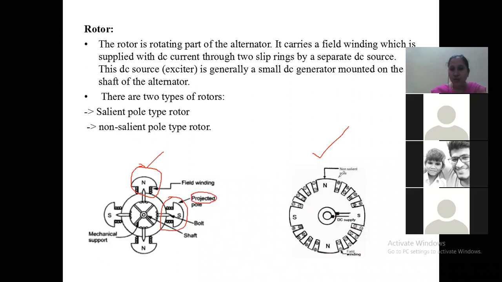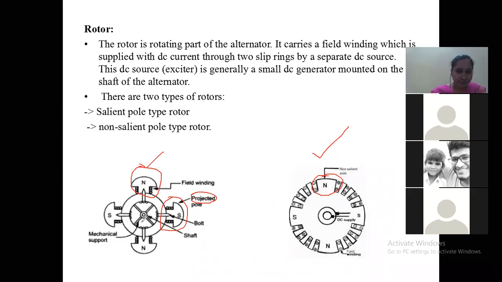And you can see here in the case of non-salient poles, these are not projected. That is the main difference between the salient and non-salient pole types of rotors. In a salient pole rotor, the poles are projected, and in a non-salient pole rotor, the poles are not projected.